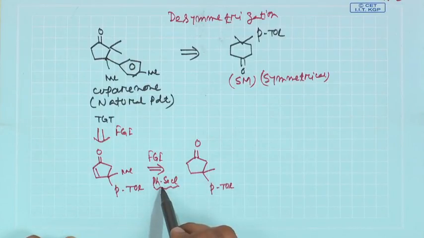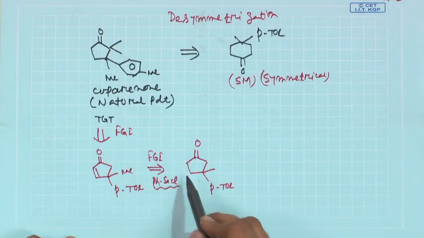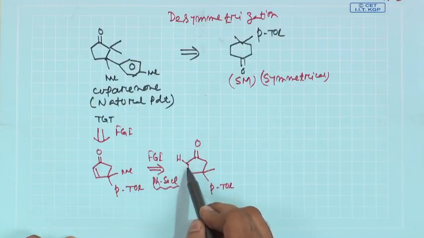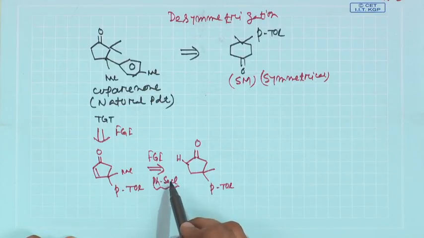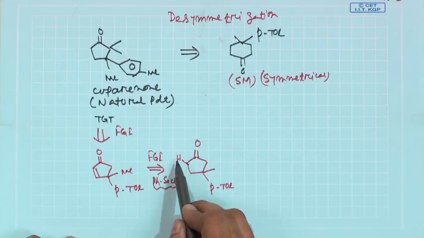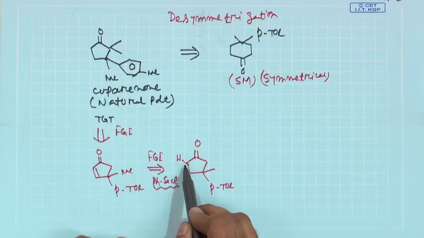So, phenyl selenium is definitely a bulky reagent. So, expect that LDA first picks up this hydrogen, creates the enolate, and then the electrophile will attack this particular carbon.